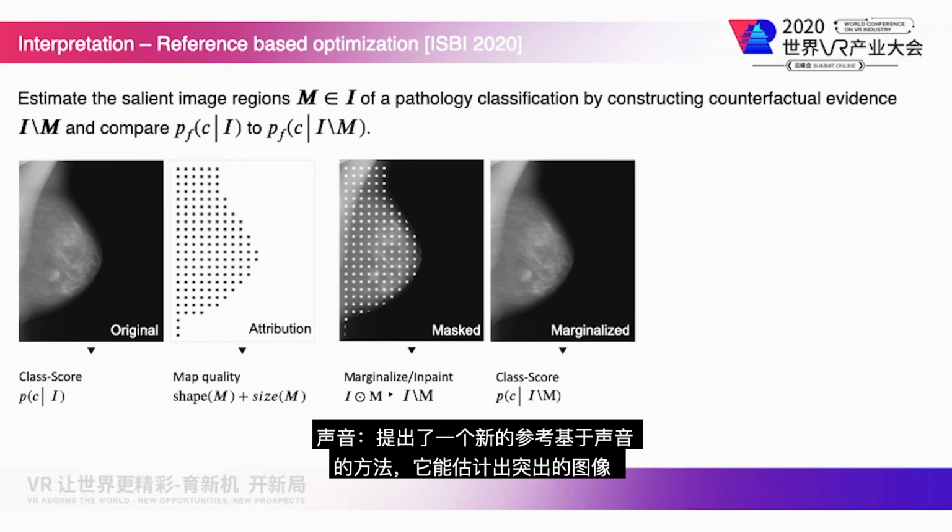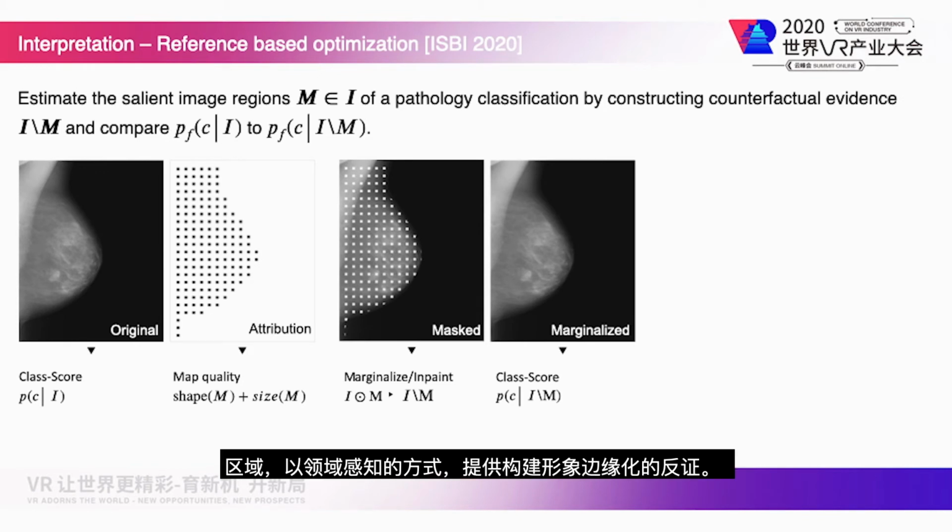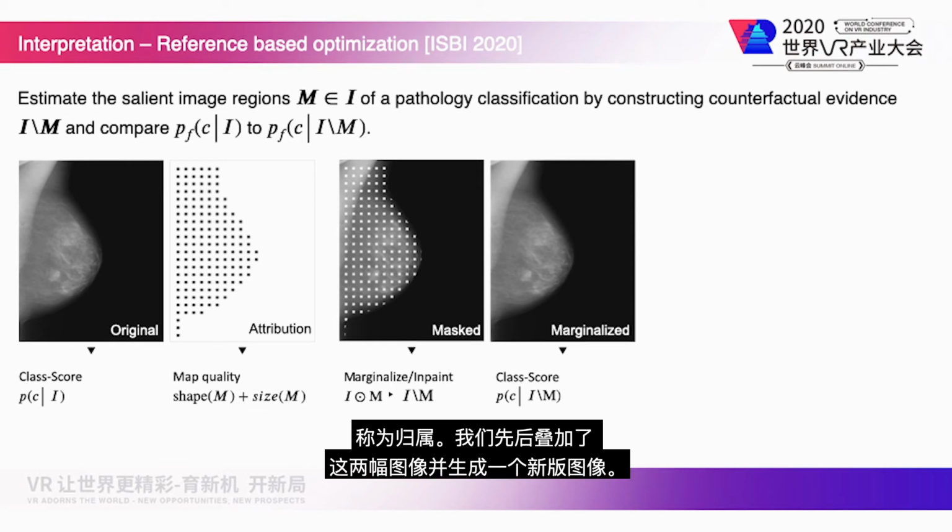We came up with a new reference-based approach which estimates the salient image region of a given classifier by constructing counterfactual evidence using image marginalization in a domain-aware manner. We start with a pathological image and a regular grid binary mask called attribution.